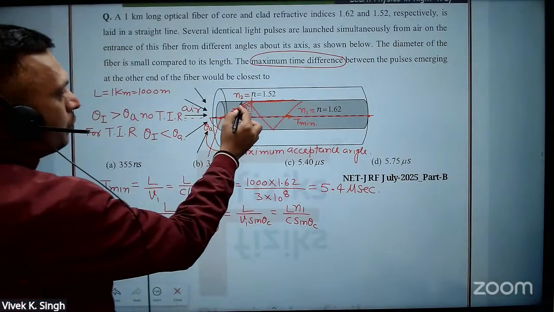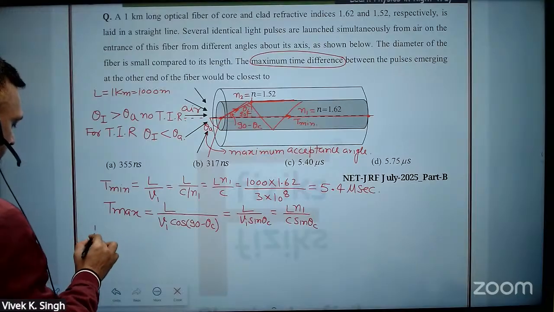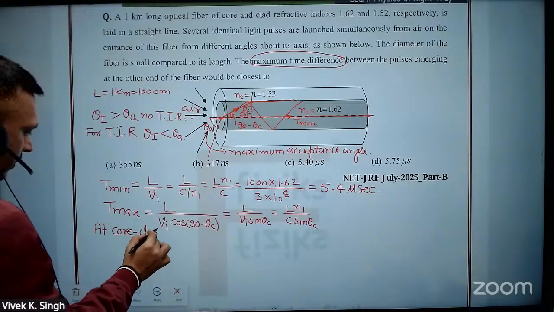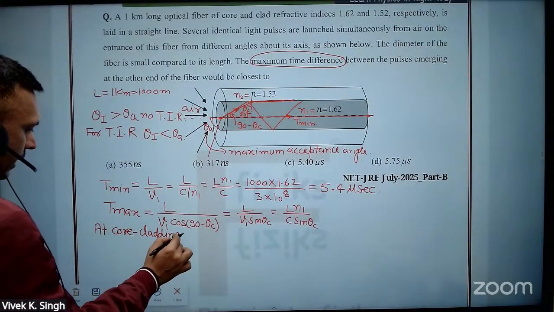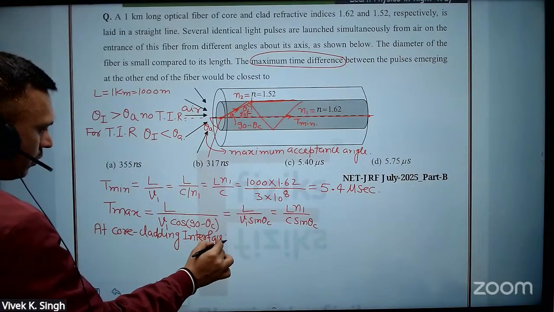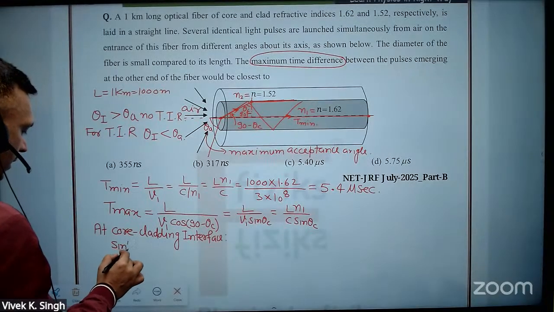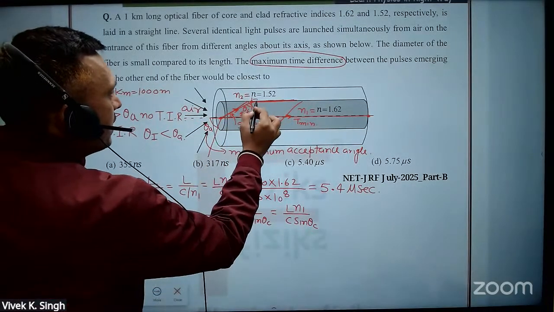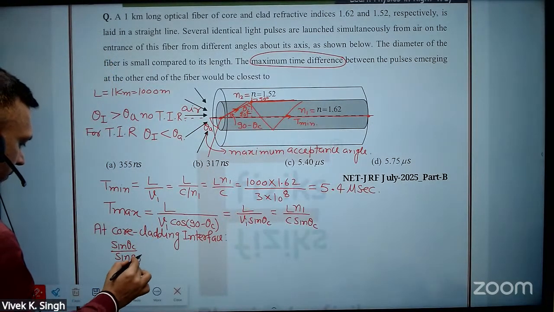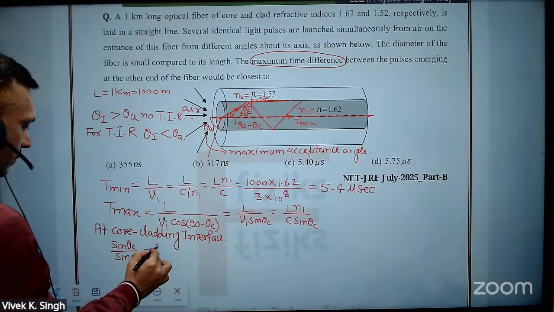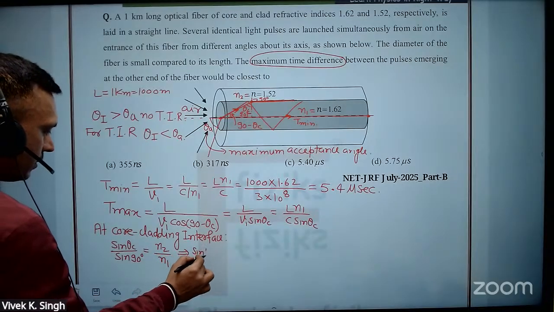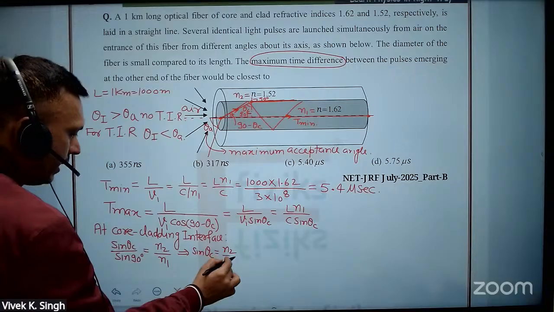Now, what will be sine theta C at the core cladding interface? You will see sine theta C by sine 90, because this angle is 90 degree in cladding. That will give you N2 by N1. So sine theta C is N2 by N1.